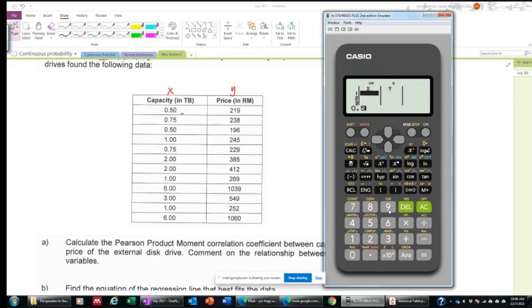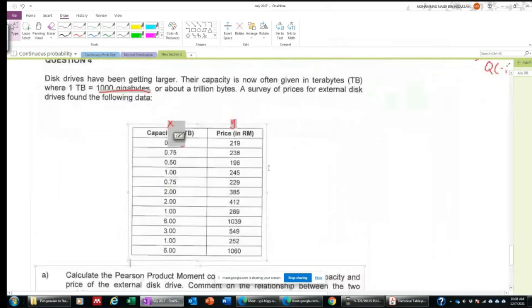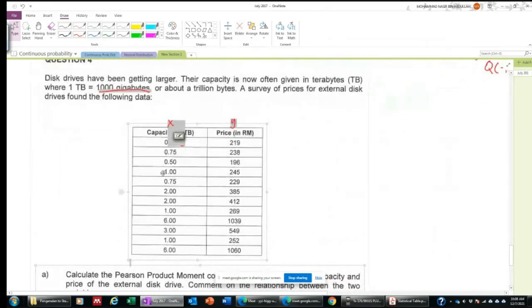So the first one is 0.5, 0.75, 1.0, 0.75, 2.0, 2.0, 1.0, 6, 3, 1, 6. Do we have 11 data? So 1, 2, 3, 4, 5, 6, 7, 8, 9, 10, 11, 12. Oh, so we have 12.